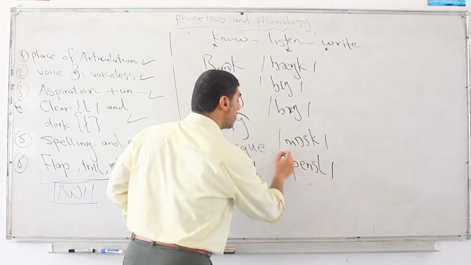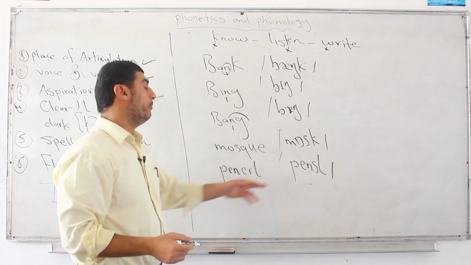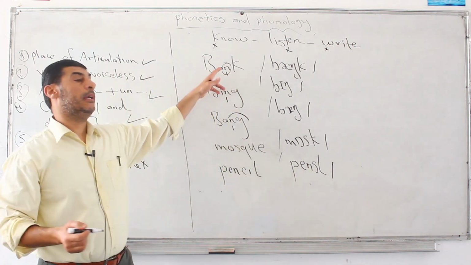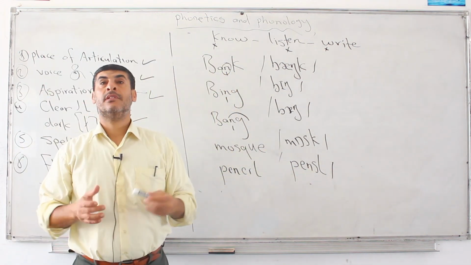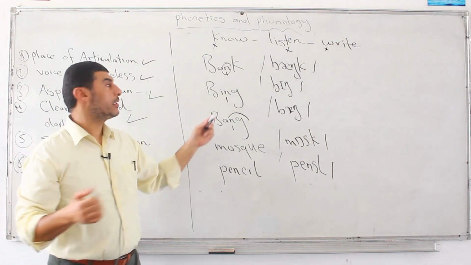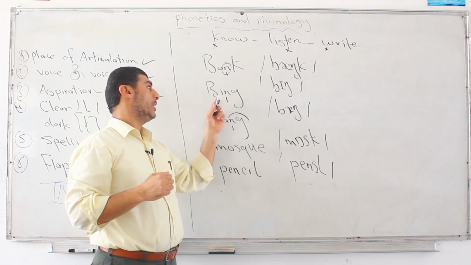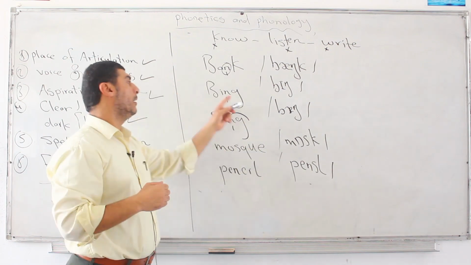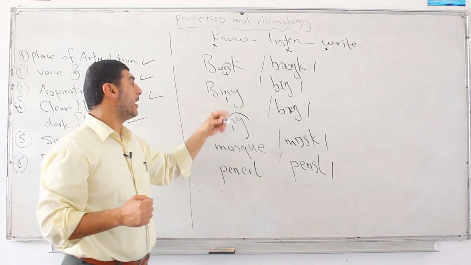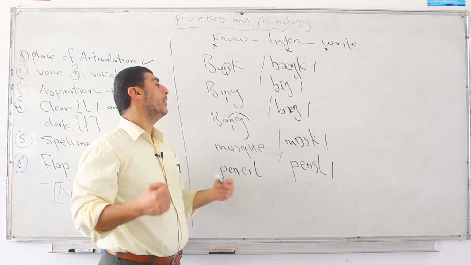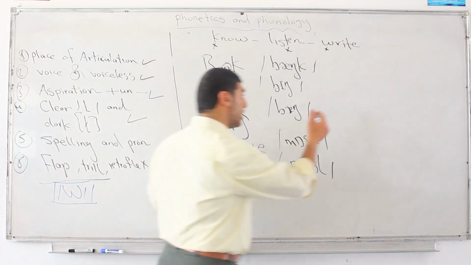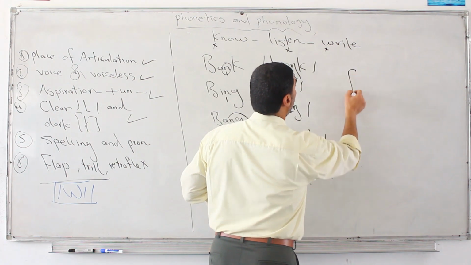Pencil, pencil, this is syllabic. But here, the word bank, I don't say bank, so the na is silent, and the word bang, the na is silent, or the na and ga are assimilated into ng, and so on.